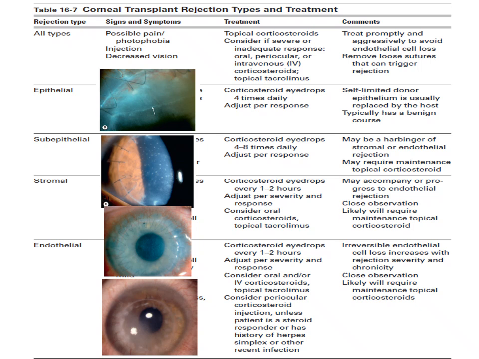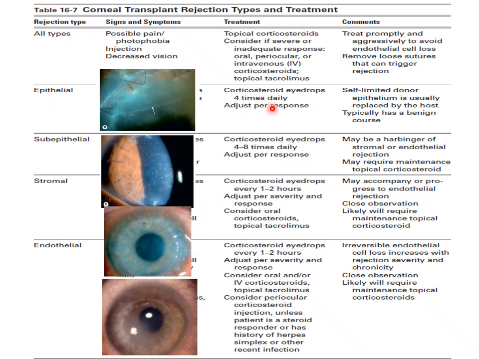So just a table summarizing all the 3 types of rejection. Remember, signs, symptoms, possible pain, photophobia, injection, decreased vision is going to be there in subepithelial, stromal, and endothelial. Epithelial is likely to be mild and self-resolving in nature. The treatment is topical corticosteroids. So as the level of rejection increases, by level of rejection, I mean the depth in the cornea, the frequency of the topical corticosteroids also goes on increasing.